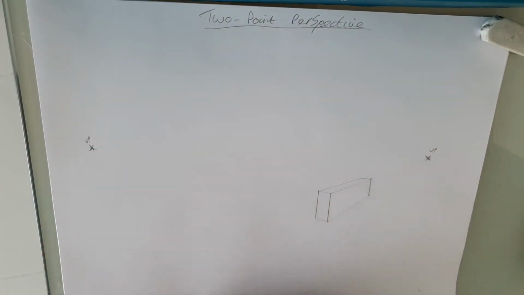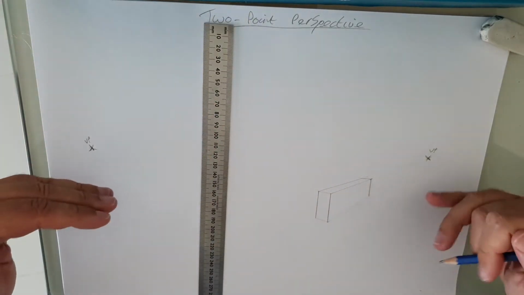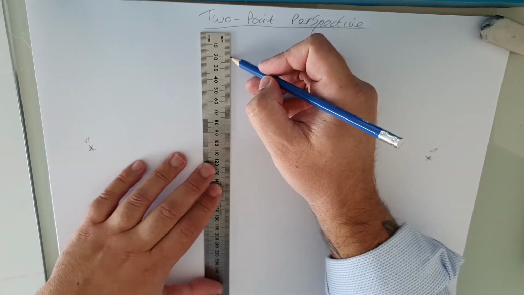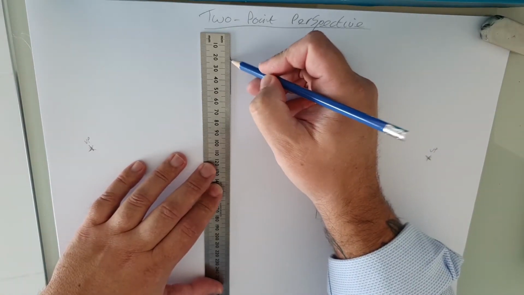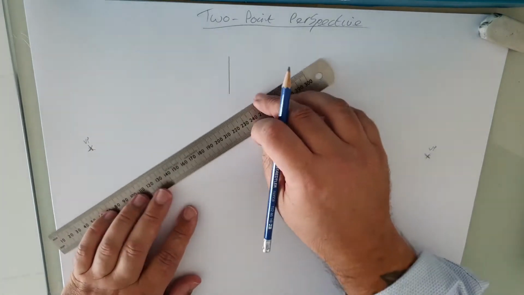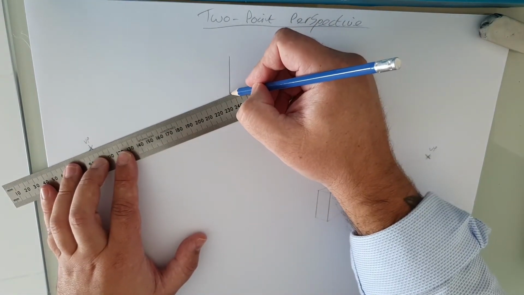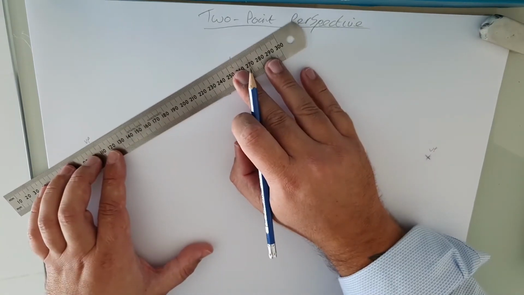Okay, so let's do other ones. Let's do one that's actually above the 2 vanishing points. Let's do a slightly different shape. So I've done my 1 vertical line that now goes to the vanishing points.